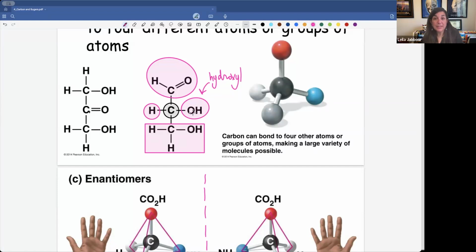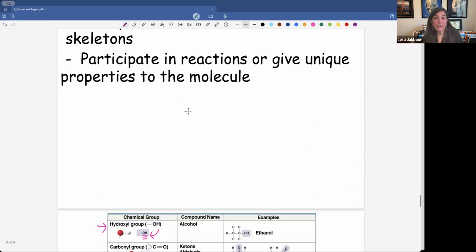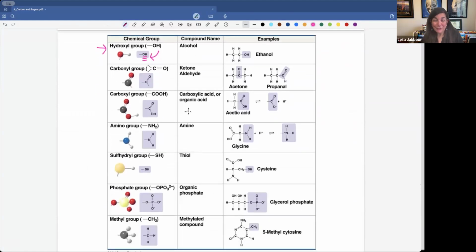And if we recognize that this is a functional group, the OH together makes up a functional group called hydroxyl, and it gives a very specific property to the molecule. So what's that called? That functional group is called an alcohol. So a molecule that has a lot of OH has a lot of alcohol in it.